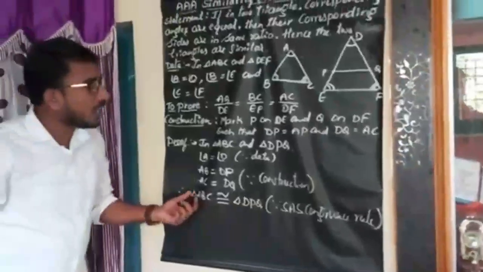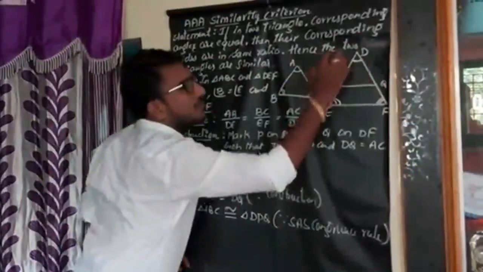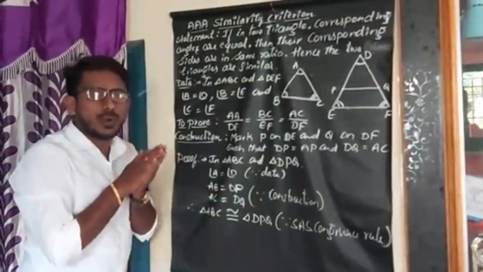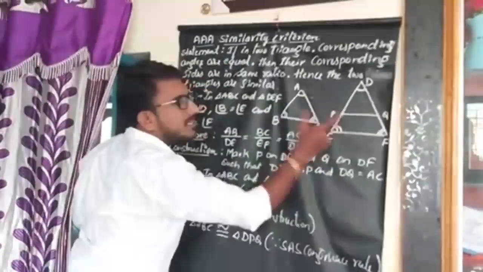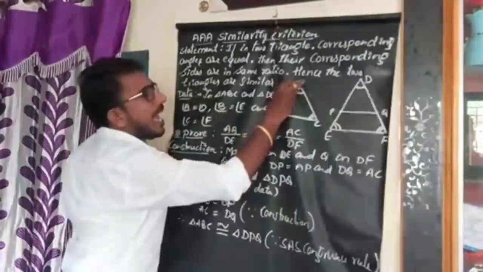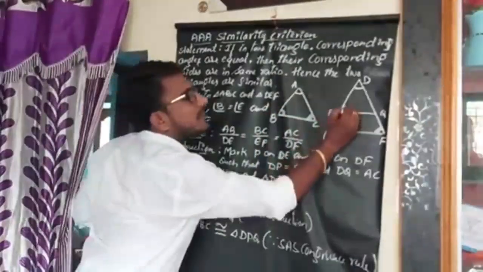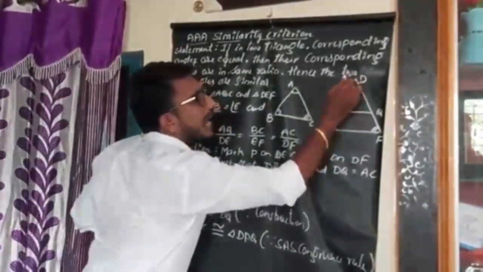Here, if I keep this triangle on this one, it will completely overlap the other. That means BC coincides with PQ, so BC is equal to PQ. And angle ABC coincides with this angle P, that means angle DPQ.